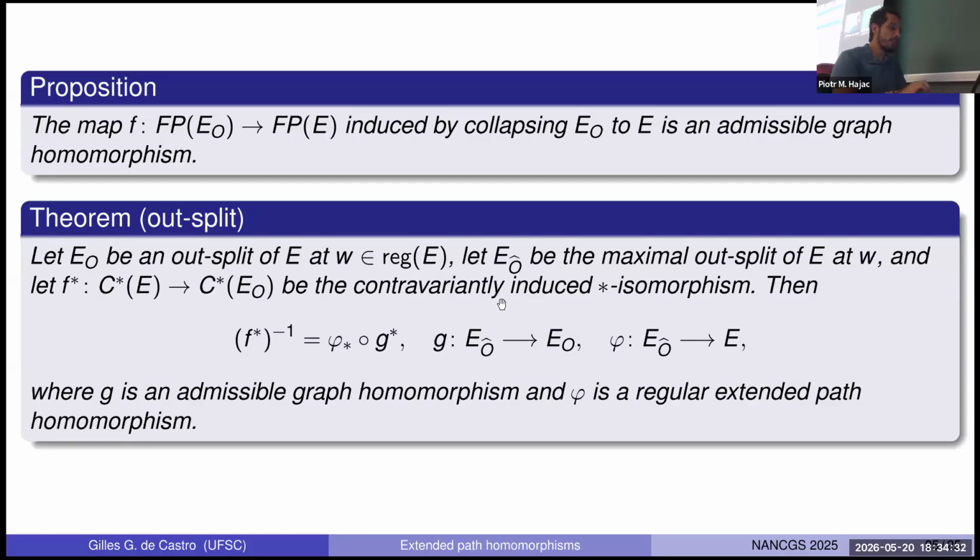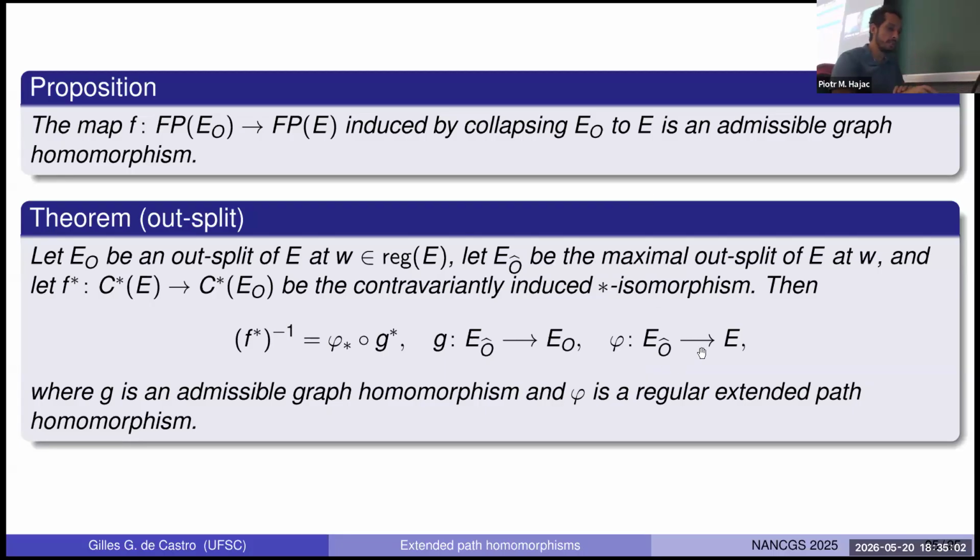Now when we look at the formulas for the inverse, when you have a maximal split, we can actually define this extended path homomorphism between the graph of the maximal split and E. Because for the inverse we do not need sums, we just need one element. That's why we need to take the maximal split here.